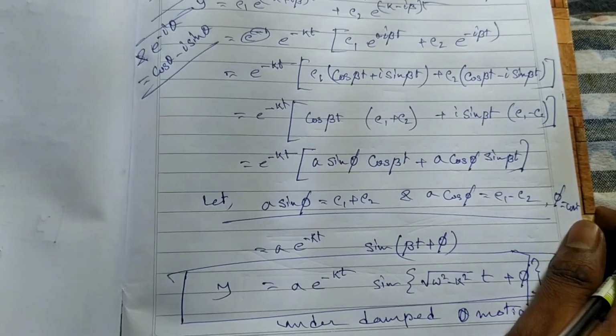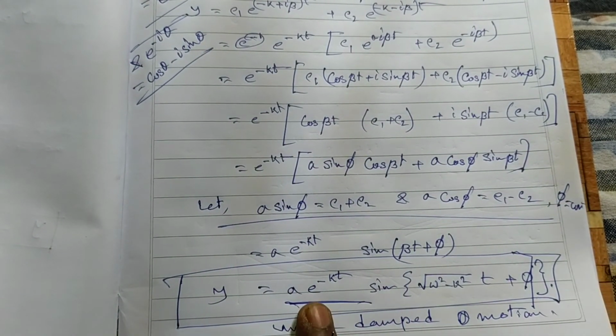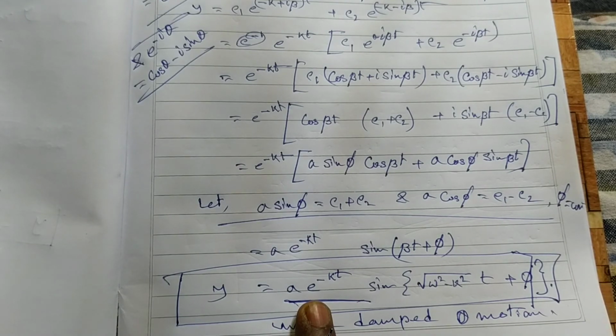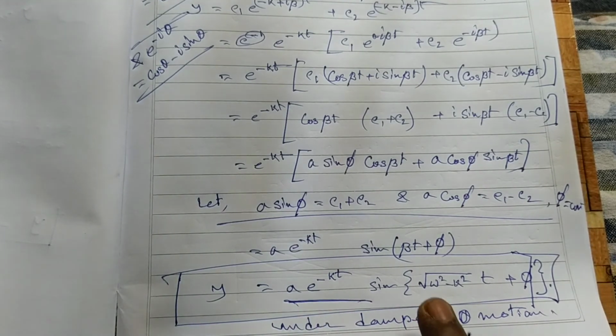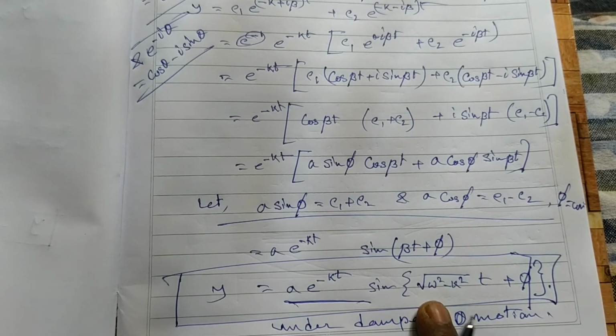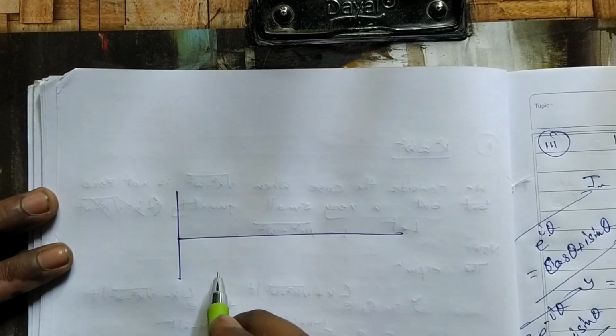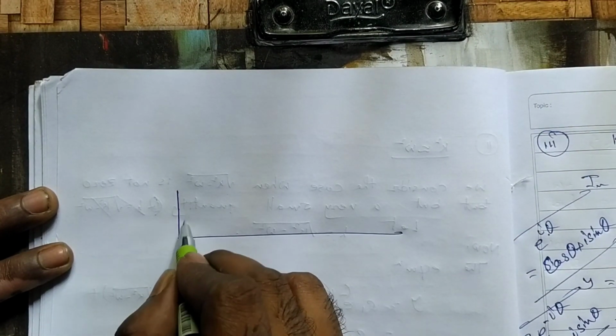What is the graphical representation? This term is responsible for the fall down of the vibration, and this term is responsible for the moving of the wave. So obviously the graphical representation of the underdamped motion is like that.